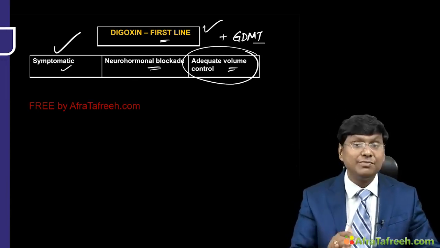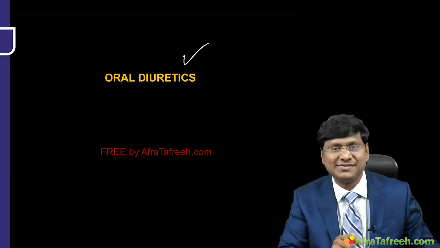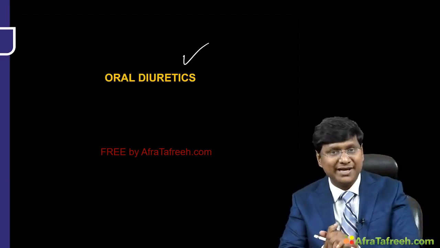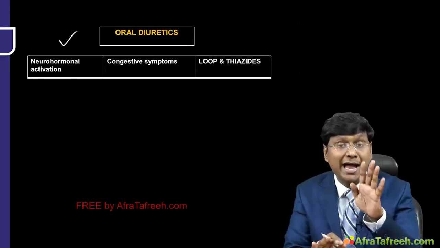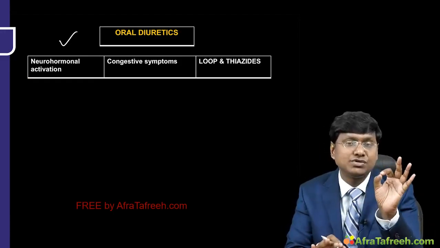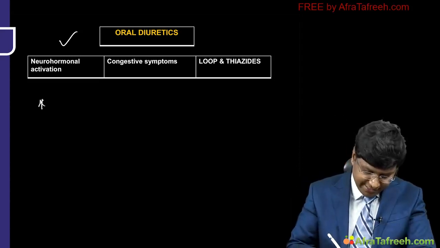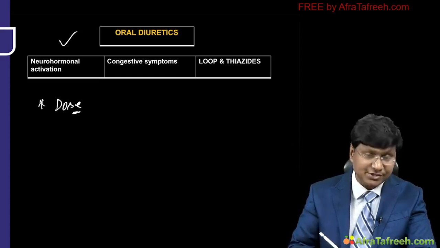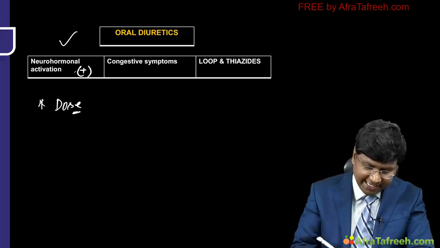So for volume control, what group of drugs do we need to add? That will be your diuretics. You have to balance the dosage of the diuretics, because when you increase the dosage, that will further cause neurohormonal activation.